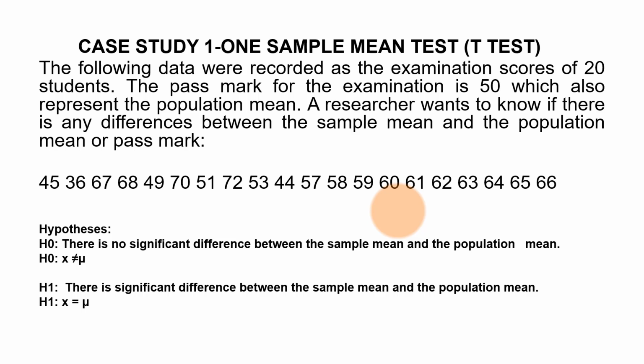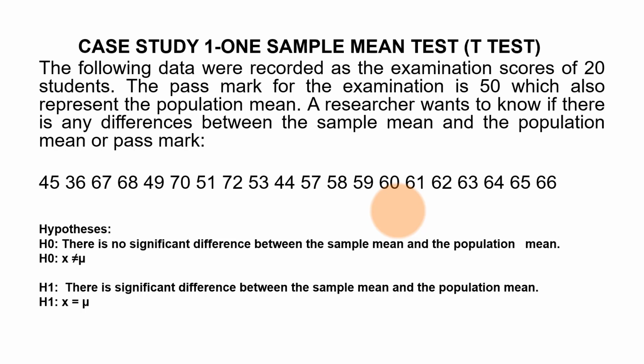What we have on the screen is an example of a one sample t-test, because we have only one sample here, so it's going to be compared with a specific value that is already given. Okay, so let's do this example.